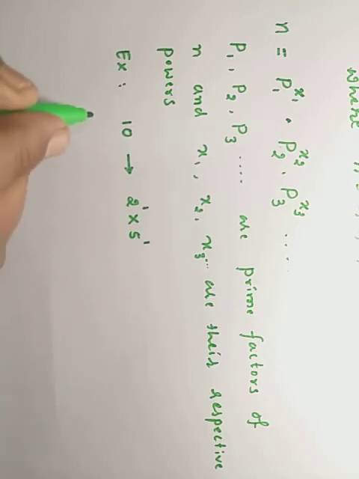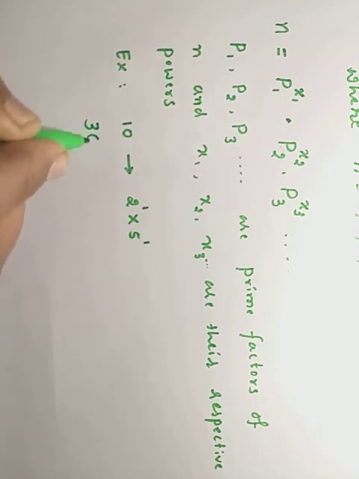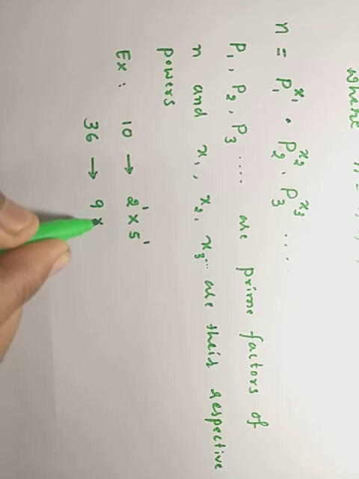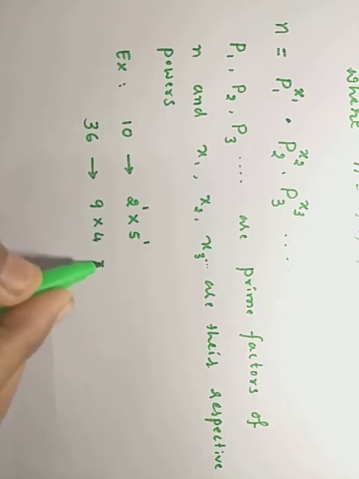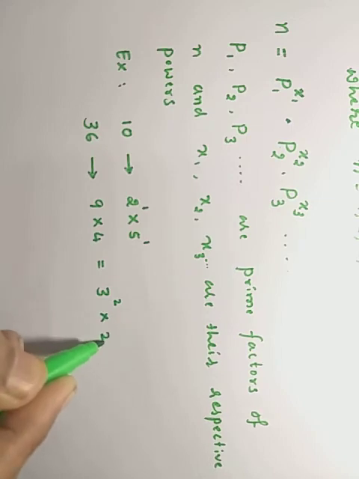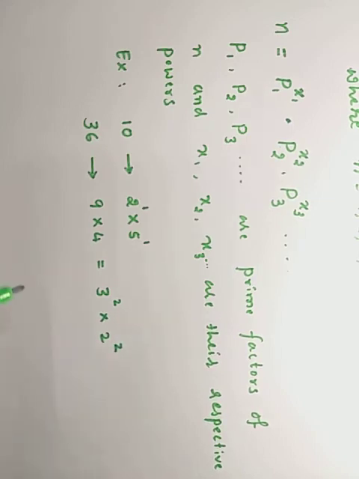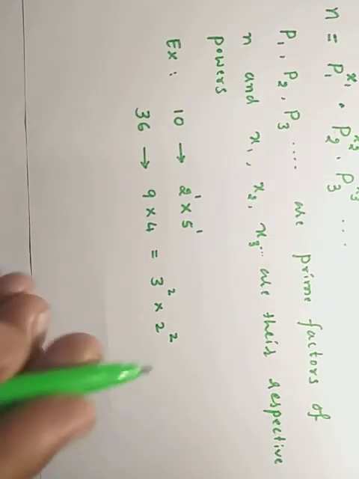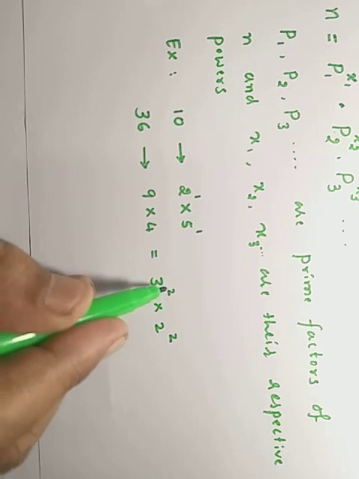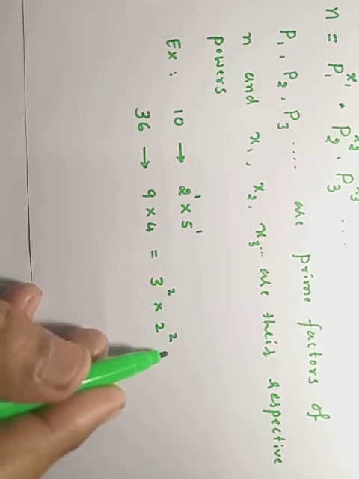If at all we take 36 as example, we write it as 9 into 4, that is equal to 3 to the power 2 into 2 to the power 2. This means we have p1 is equal to 3 and p2 is equal to 2, whereas x1 is equal to 2 and x2 is also equal to 2.